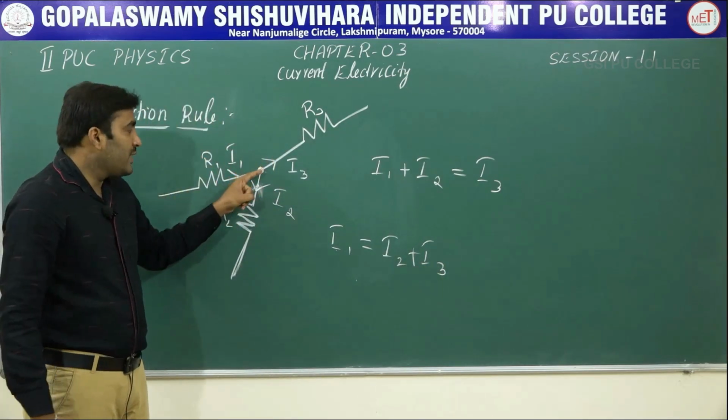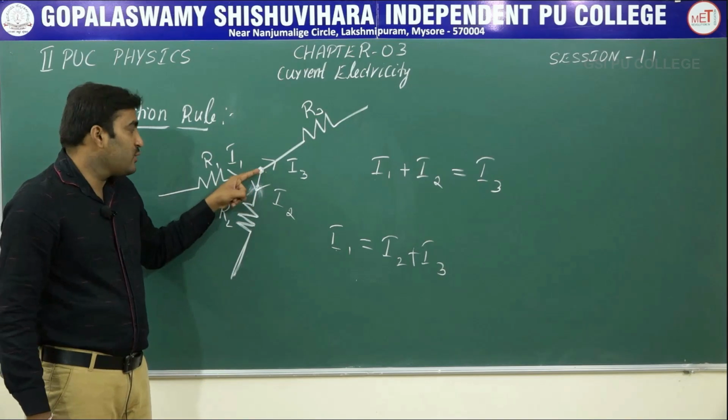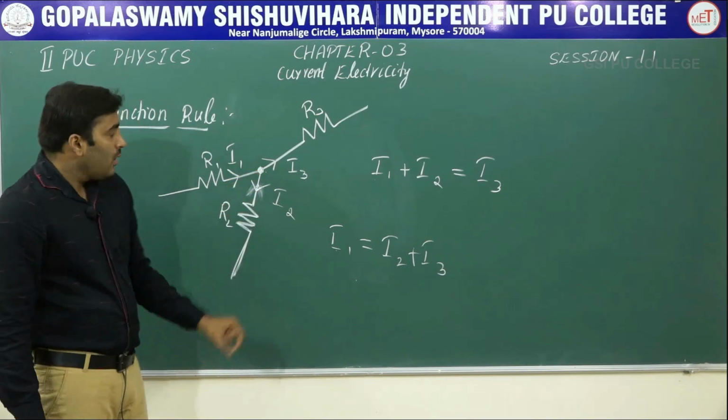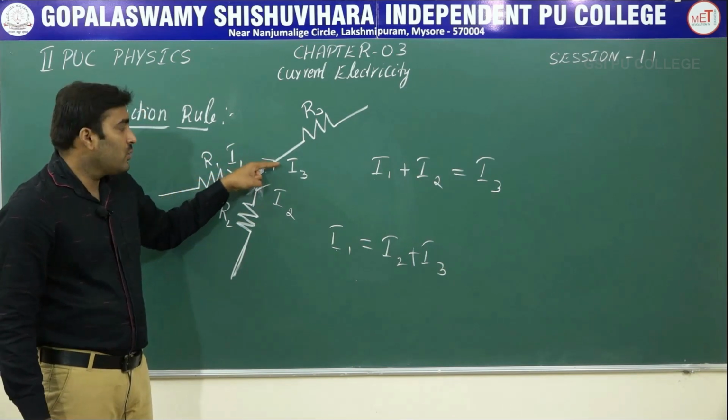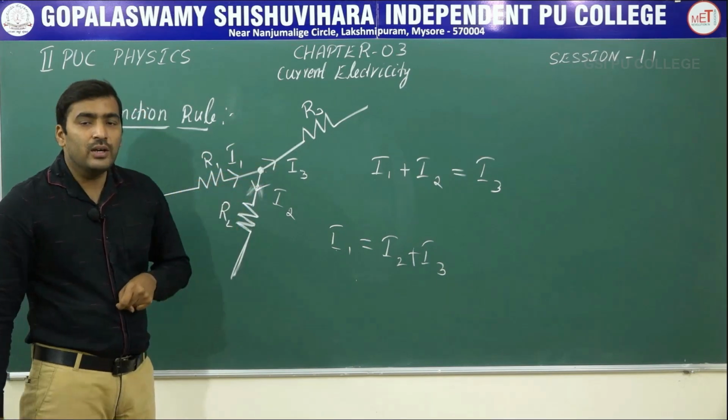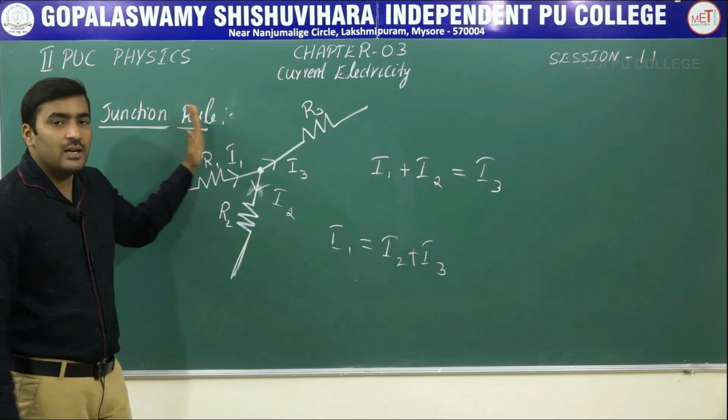Sometimes we call this junction a node also. The sum of the currents entering the junction is equal to the sum of the currents leaving the junction. This is known as the junction rule.